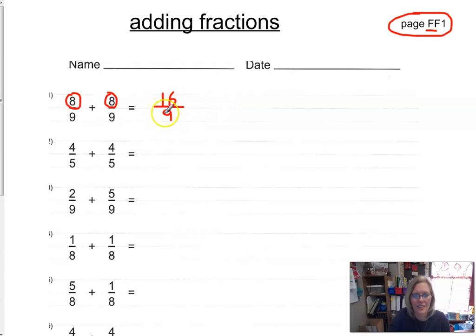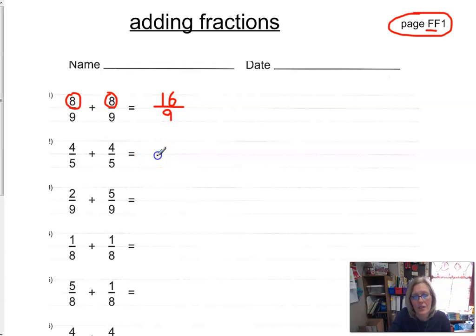You wouldn't have something magical like 18ths, okay? So if I have a set of things that are the size 9ths and another set of things the size 9ths, well, if you add them together, you still just have 9ths. It's like if I took dogs and I added them to dogs, then I have dogs, right? But I couldn't add dogs to cats and get elephants or something. That's how you have to think of the denominator.